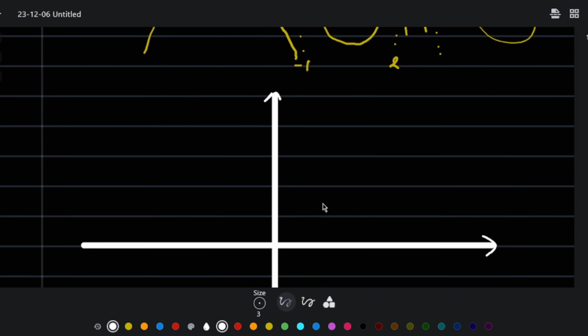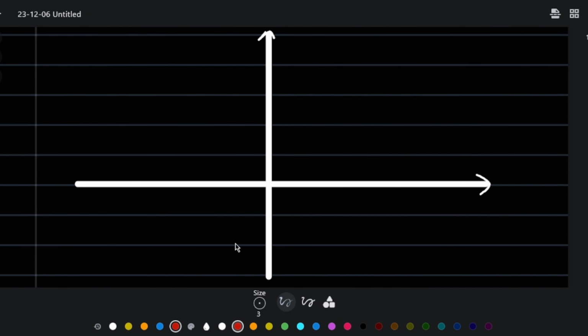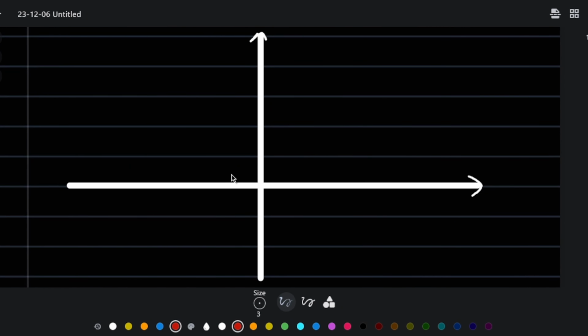So let's draw them. So for example, this is minus 1, minus 2, minus 3, and minus 4. So this line here would be a vertical asymptote. Okay, I will draw it. I will use a different color for the asymptote. So for example, yellow.